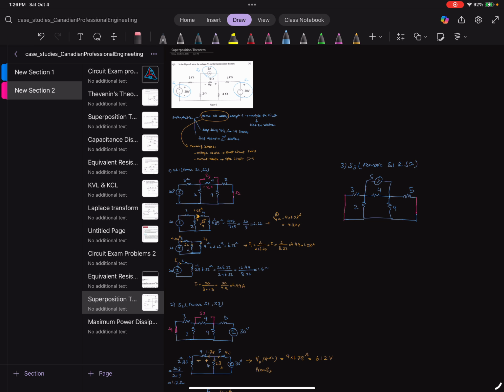Okay, so now if we draw it another way, let's say we have 5 amp coming in, we have 4 here, then we have 2 here, 4 here, and then we have a 3 ohm here, we have a 5 ohm here, and then everything connects here, right? So I just rotated this. I know it doesn't look good.